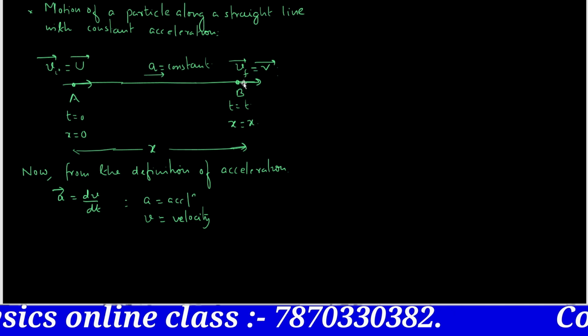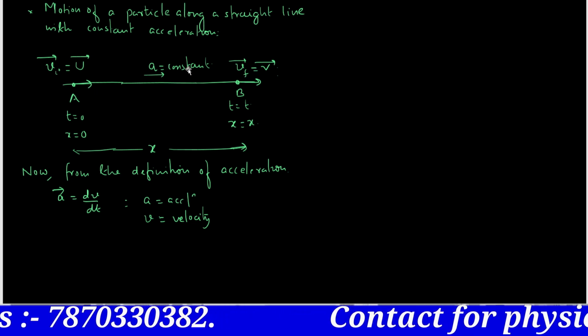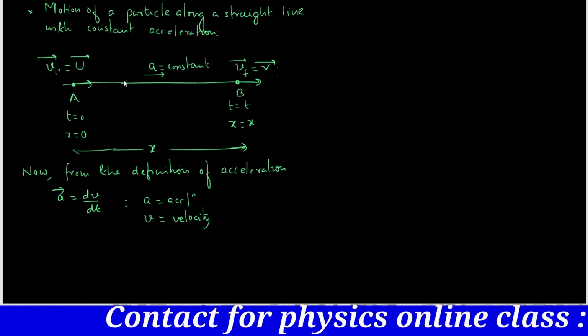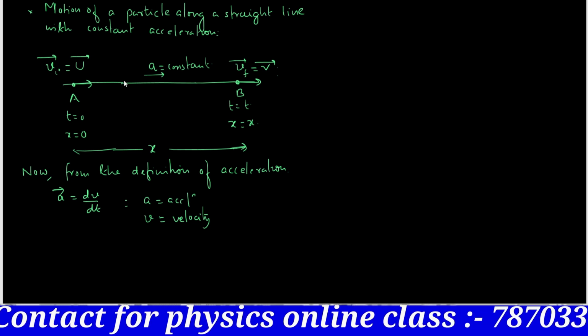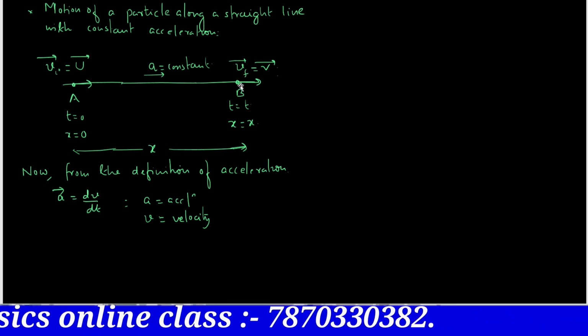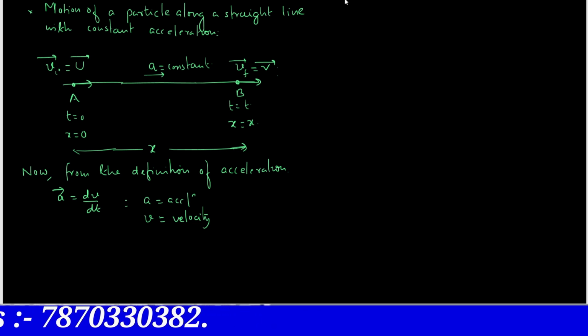Not a speed, this is velocity. But since this particle is moving on a straight line, you can say velocity as speed, no problem. But on a curved line, velocity and the speed will have different values.